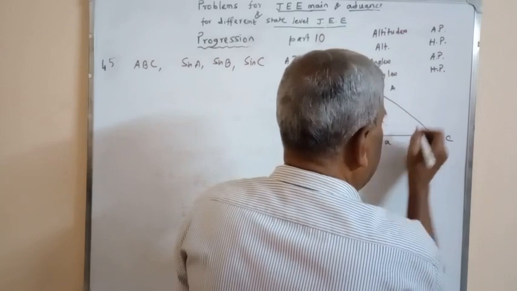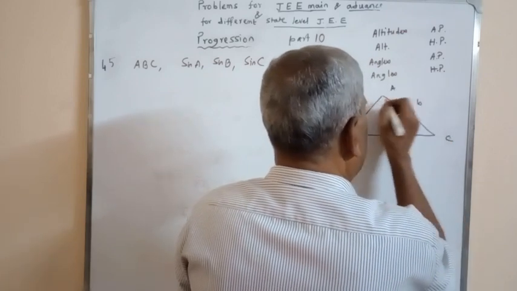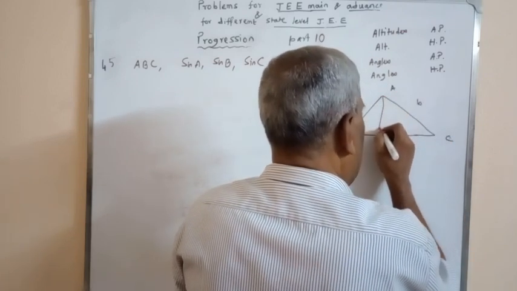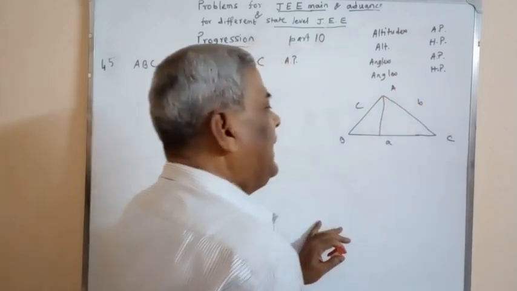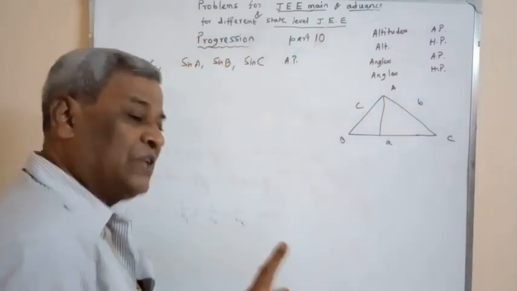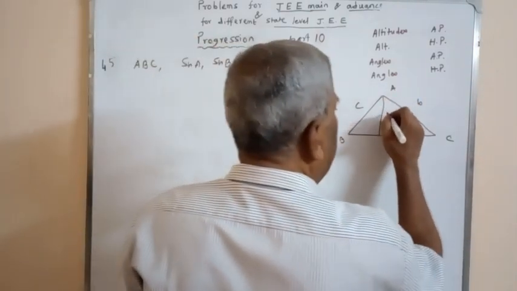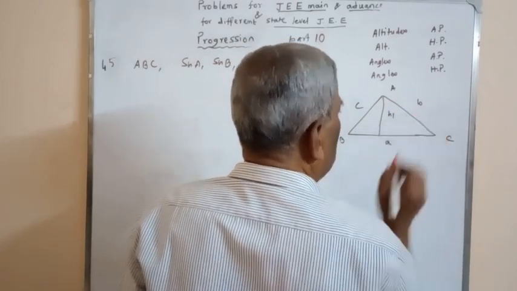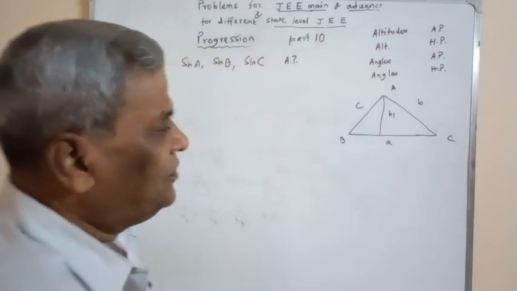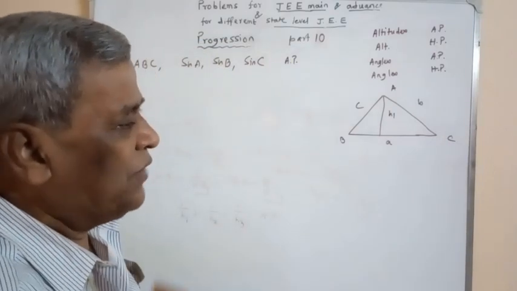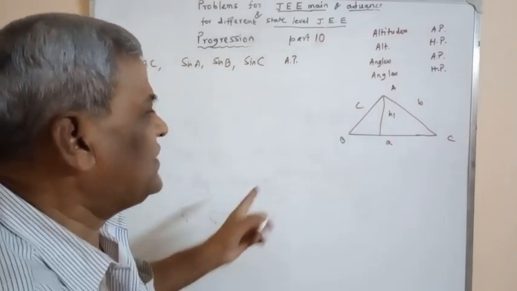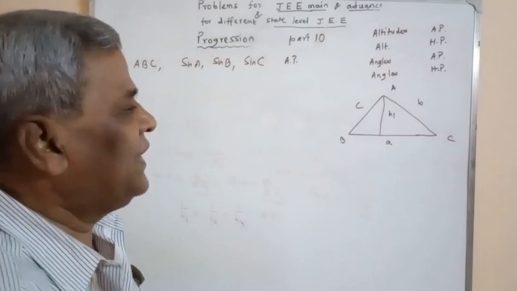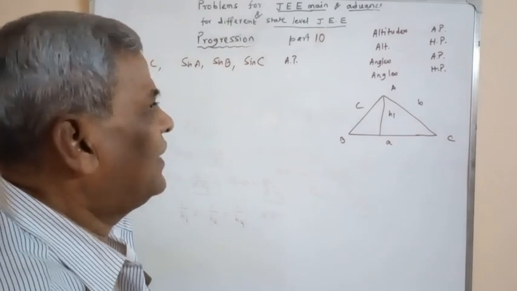So this is side A, B, C, and height, altitude from A on side BC is say H1. Similarly from B to AC, this is H2, and from C to AB is H3.